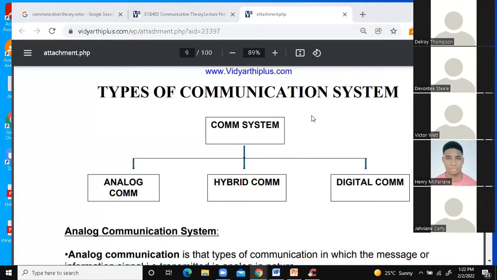Sir, analog communication is a form of analog signal. Okay, go ahead. Analog communication, you send a sine wave always, and digital communication uses things like video call and emailing.